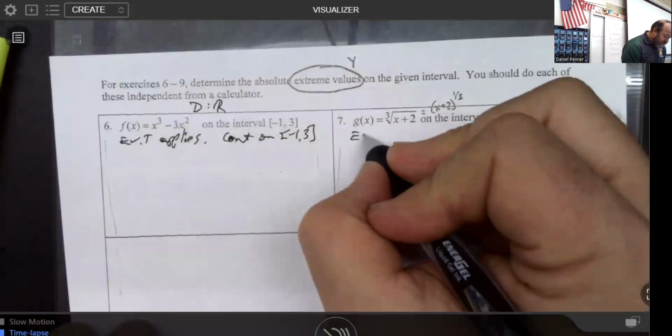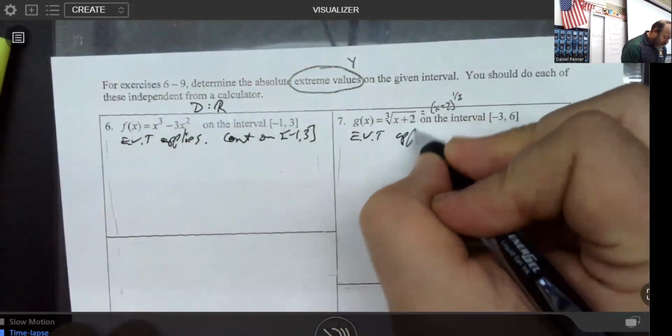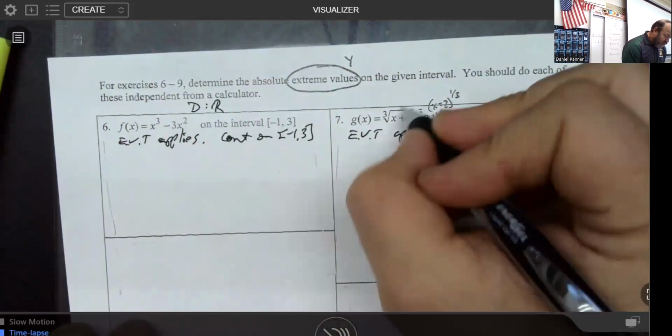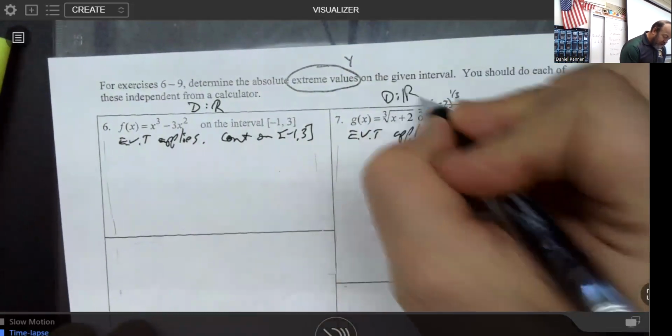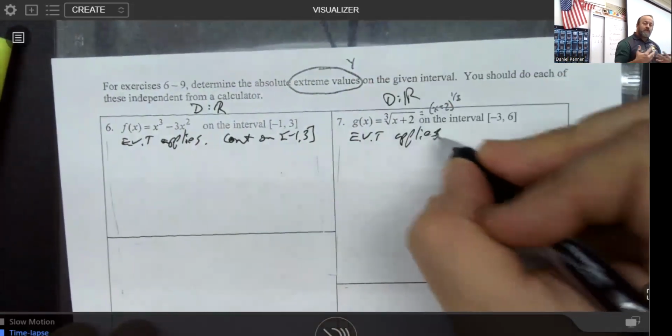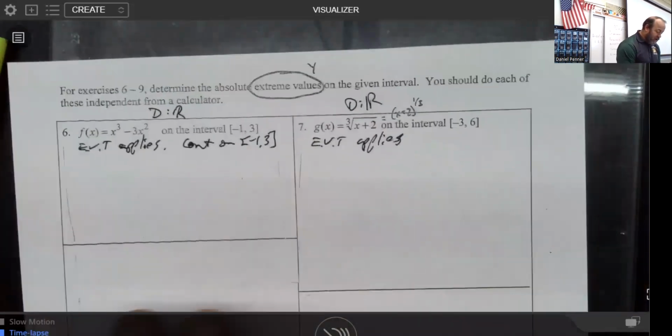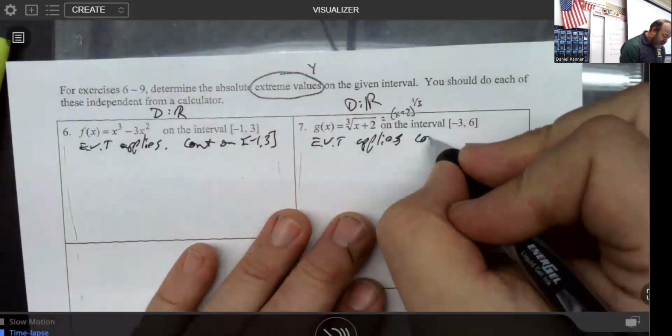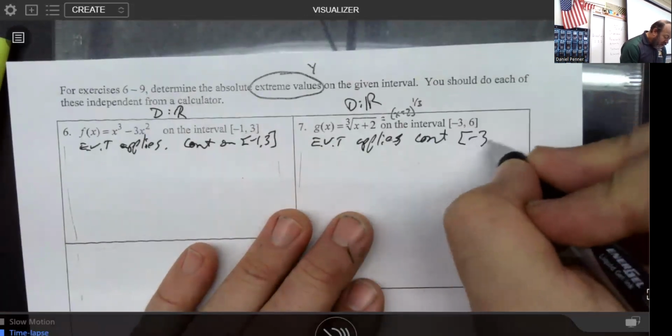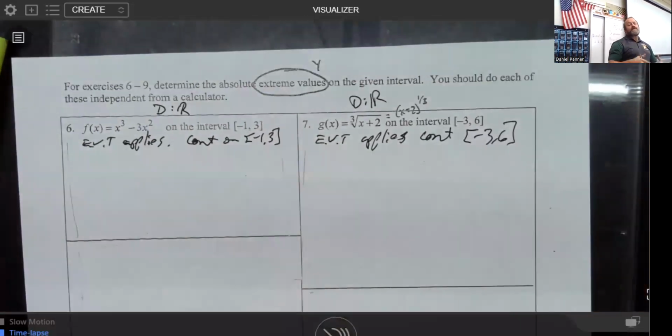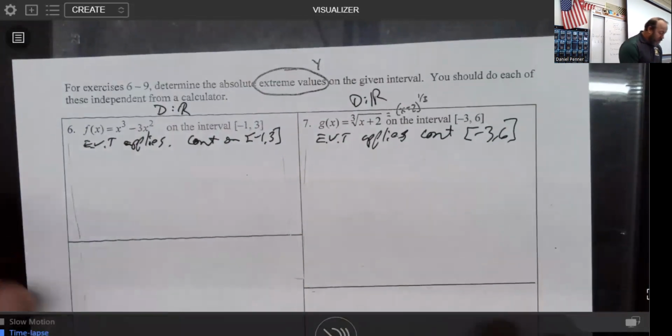The EVT applies. Again, this thing has a domain that is all reals, so it's important that we make sure that it's valid to apply this theorem if we're going to do it, because the graph, again, is continuous on [-3, 6]. This is a step that I personally sometimes struggle with remembering to actually validate that I'm allowed to do that, but it is important.